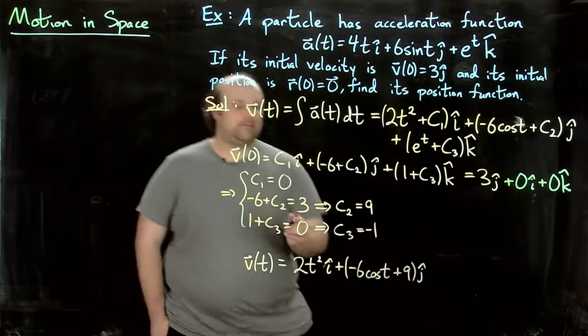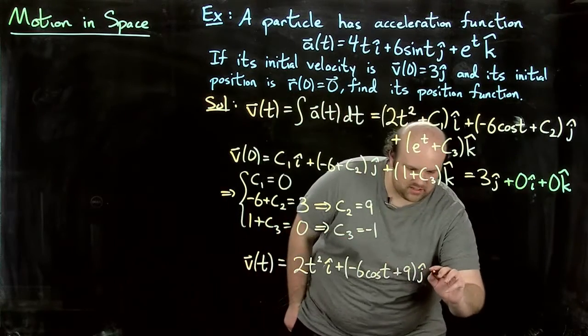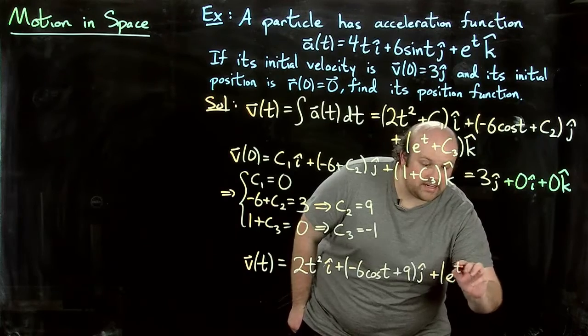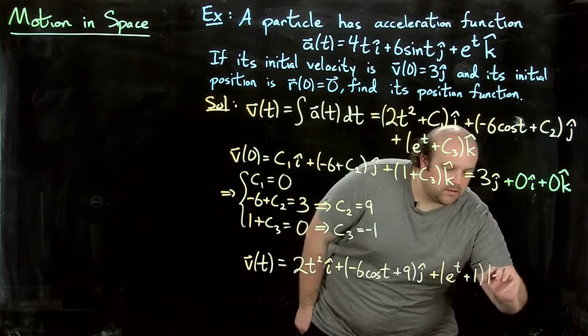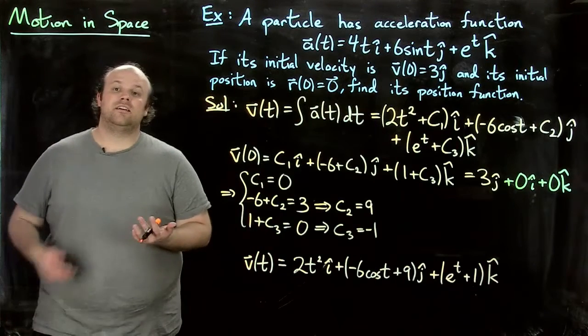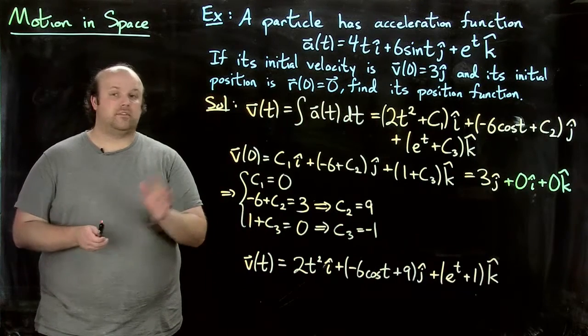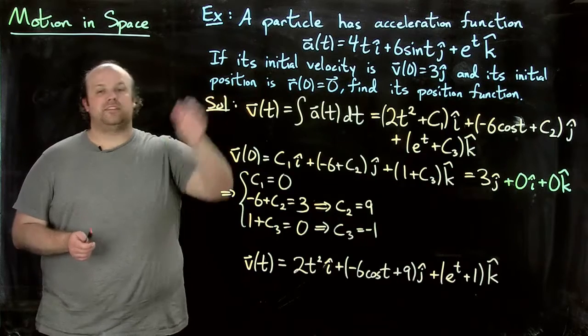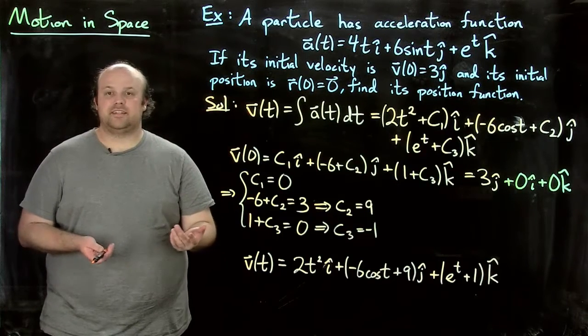And then do the same thing for k, plus e to the t plus 1 k. Okay. So now we have the general velocity function for this particle moving under this acceleration.